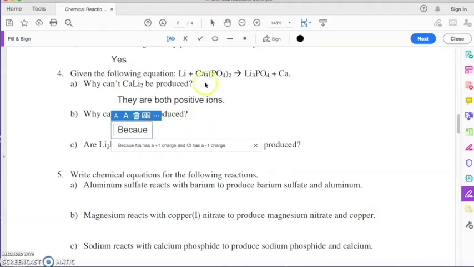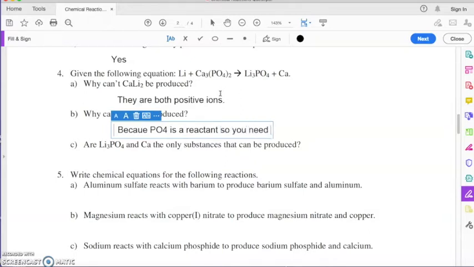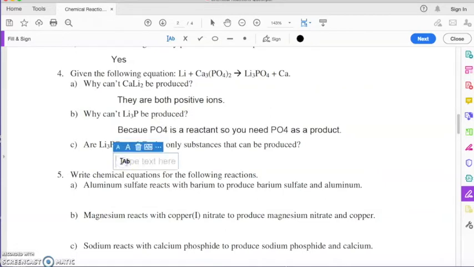Because if you look on this side, PO4 is a reactant, so you need PO4 as a product. Are Li3PO4 and Ca the only substances that can be produced? And of course the answer is yes.